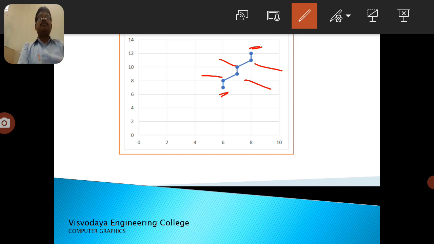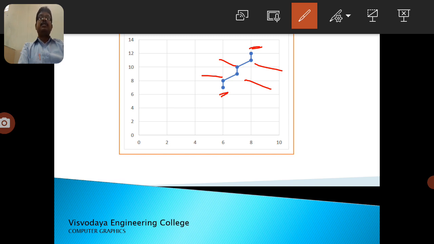But all these values depend on the slope value m. So the slope value m equals delta y by delta x, the differential values of the y coordinate, yn minus y0, divided by the differential values of the x coordinate, xn minus x0. So this finally depends on the m value.